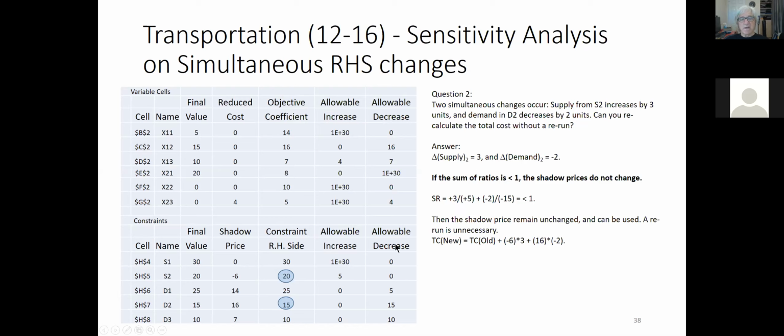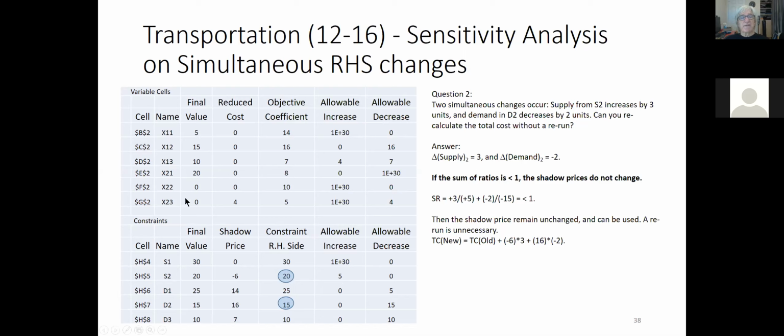Divide the 3 by 5 because it's an increase, the allowable increase. Divide the -2 by -15 because this one is a decrease. Add them and you get a sum that is less than 1. The conclusion is that the shadow prices will not change.